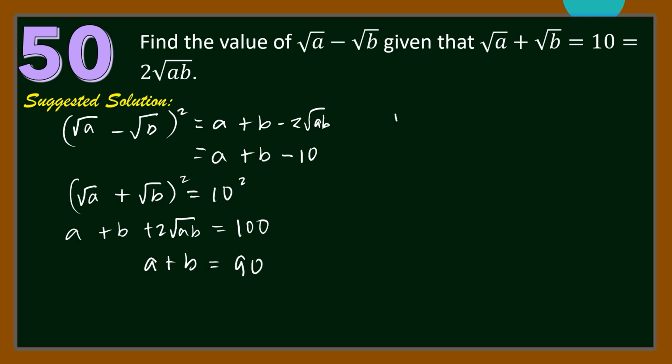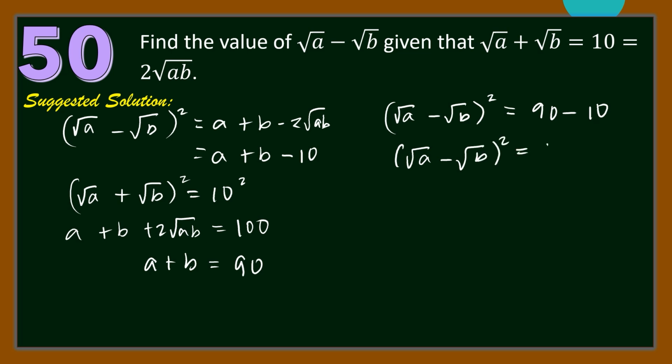Hence, square root of a minus square root of b squared is equal to 90 minus 10. So square root of a minus square root of b squared is equal to 80.